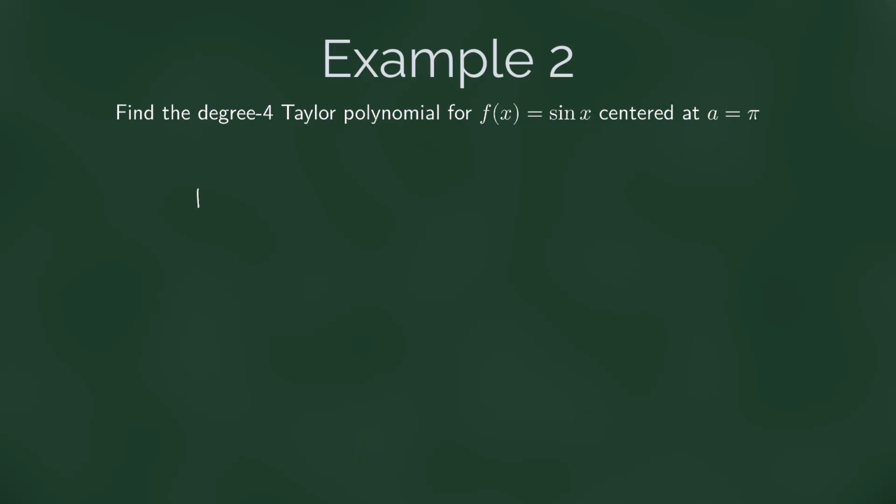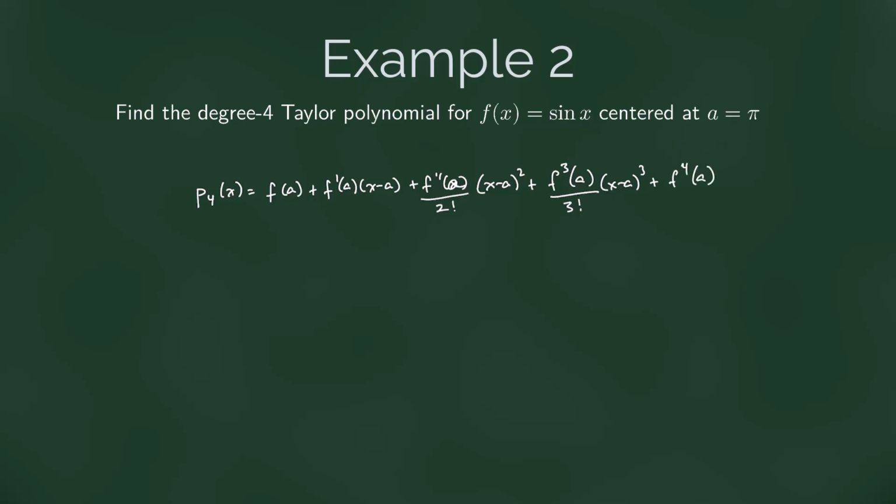So let's just remember, in general, p sub 4 of x is going to be f of a, plus f prime of a times x minus a, plus the second derivative at a divided by 2 factorial times x minus a squared, plus the third derivative at a divided by 3 factorial times x minus a cubed, and then the fourth derivative at a over 4 factorial times x minus a to the fourth.